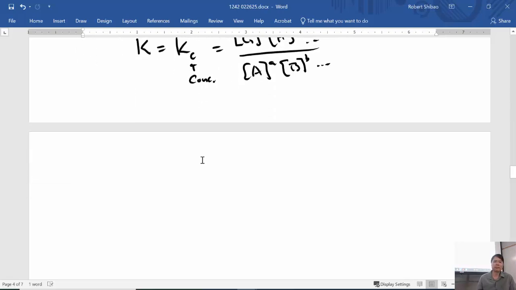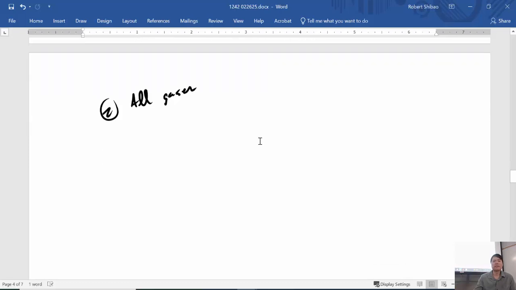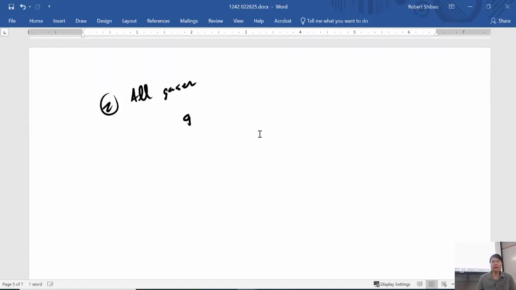All right, if we go to 2, which will be all gases. If we have all gases, then A here would be gas plus B gas, and same thing, G gas plus H gas, dot.